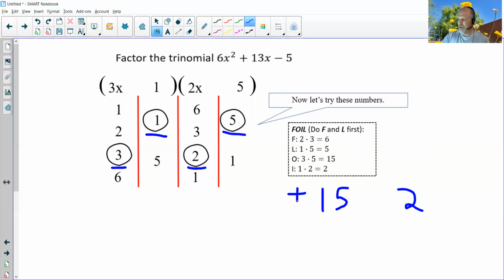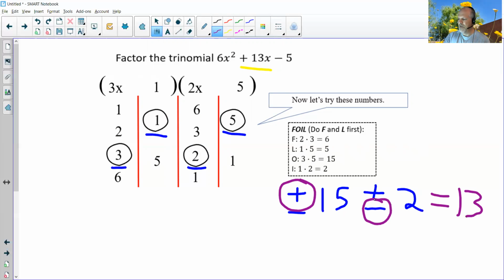Remember, we can pick either plus or minus for either number, and we want it to equal positive 13. So if I want this to equal positive 13, which signs would I choose? Clearly, I would choose positive 15 minus 2, because 15 minus 2 is 13.